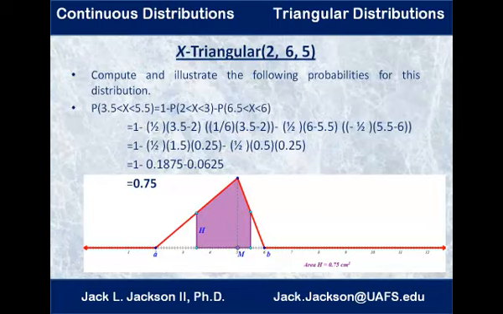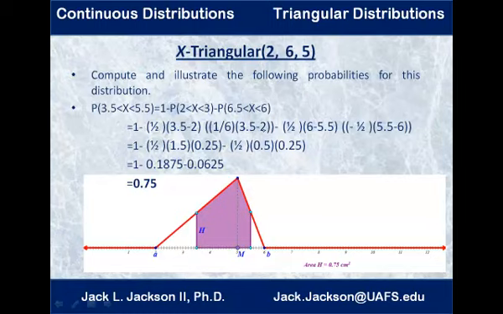So it's 1 minus, well, again, 1/2 base times height for the area of a triangle. So it's 1/2. 3.5 minus 2 is 1.5. That's going to be how far it is across the base of this first one. 1.5 across here. And how tall is it? Well, that's going to be the y value here at 3.5. And that's on the first curve, which was crossing here at 2.